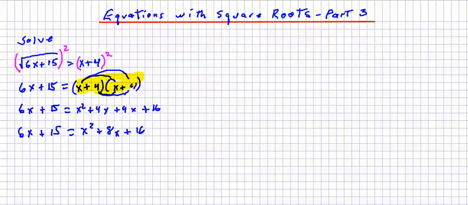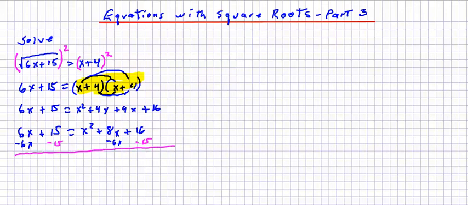All right, let's continue. We set it equal to 0. I'm going to subtract 6x and subtract 15 from both sides.